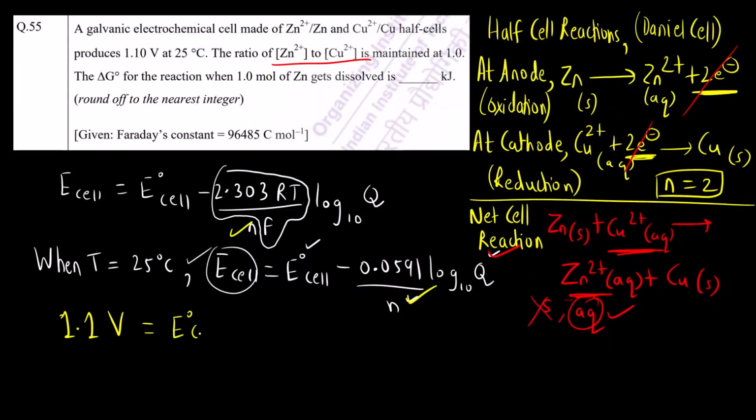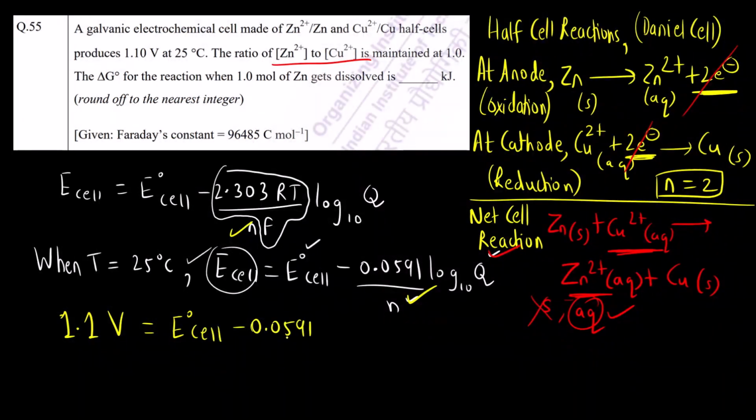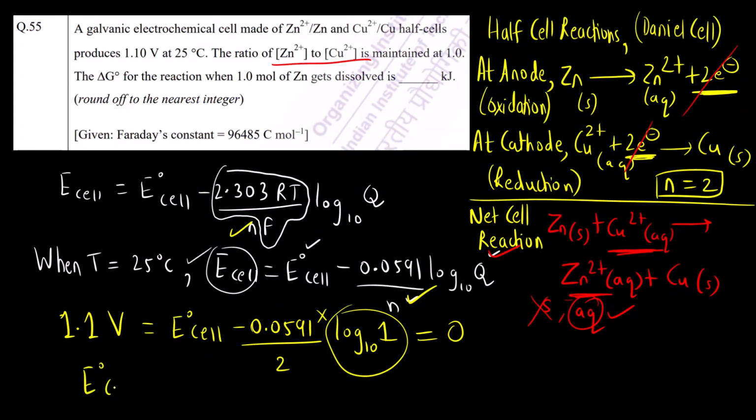E cell is E0 cell minus 0.0591 divided by N, where N is 2 electrons, times log to the base 10 of Q. Q is 1, and log 1 is 0. So 0 into anything is 0. So E cell equals E0 cell, which is 1.1 volt.